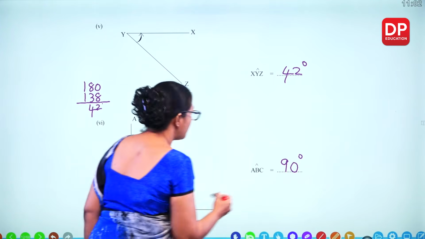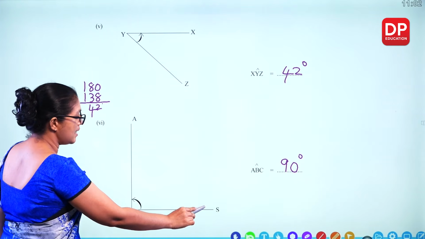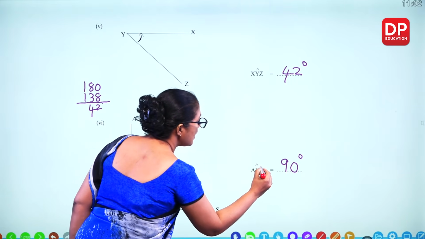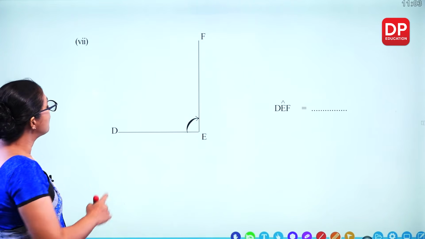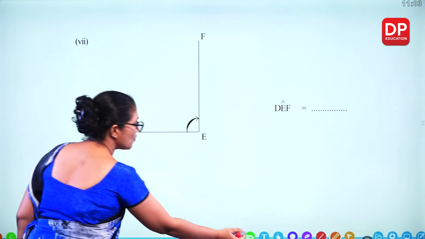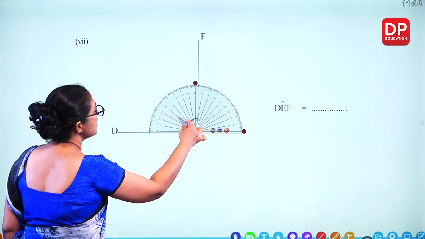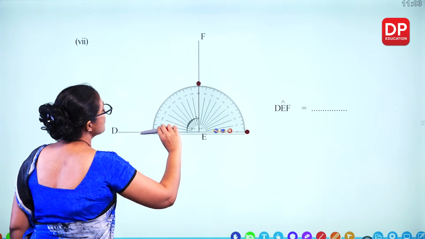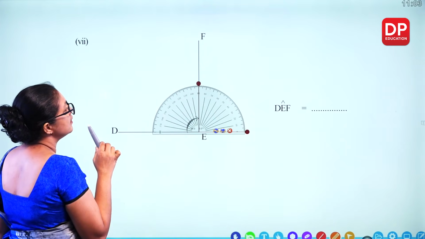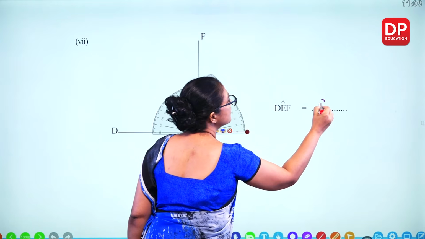So 90-degree angle is ABC. DEF angle. So measure that. Keep it here. So here to here. Exactly 90 degrees.